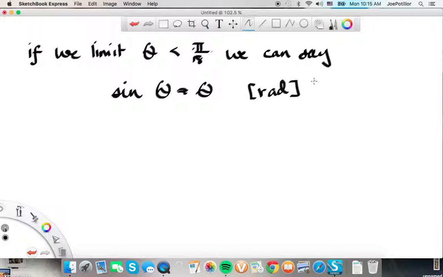And remember what happens with the restoring force: the farther away you are from equilibrium, the larger the force is, because you need more force to bring it back to equilibrium. Okay? And we'll talk more in detail about it later.